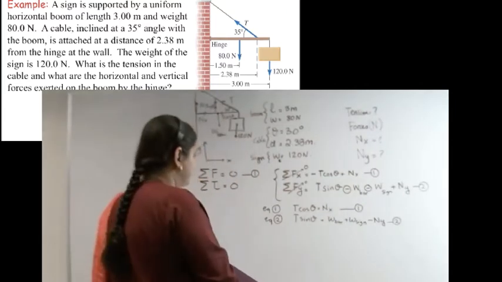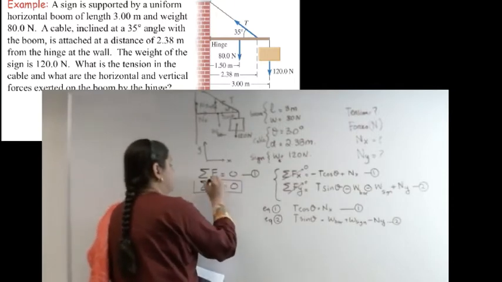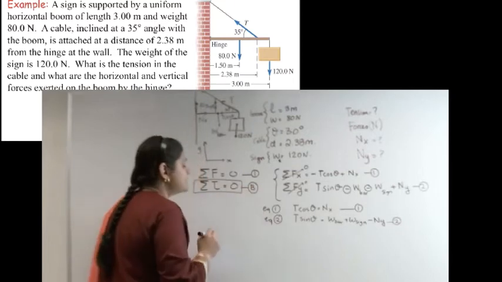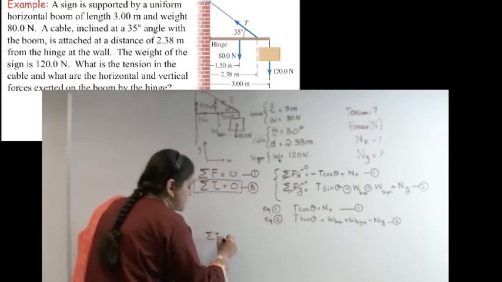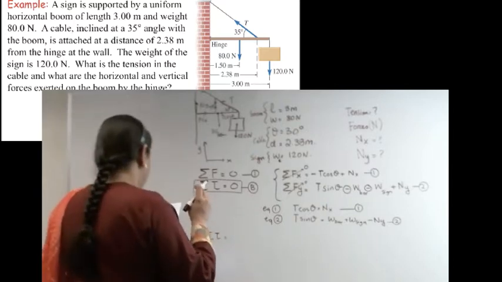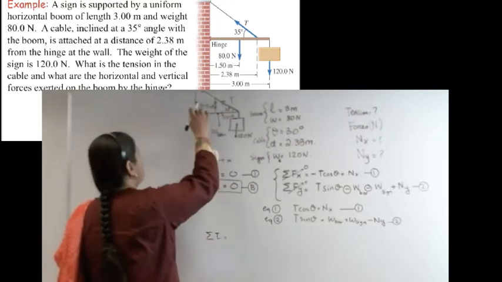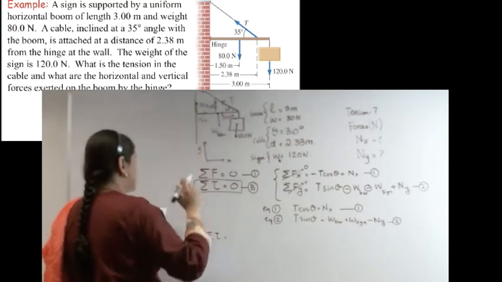What to do? Well, in this case, let's look for what we already know. I'm going to call this one B. So now let's do the sum of the torques. How many different objects are acting on it? I'm going to call my hinge the point that I'm looking at, so I don't have to worry about Nx and Ny.